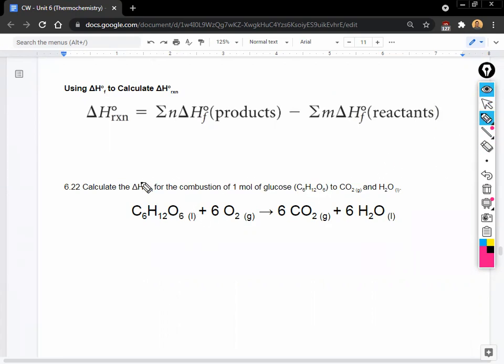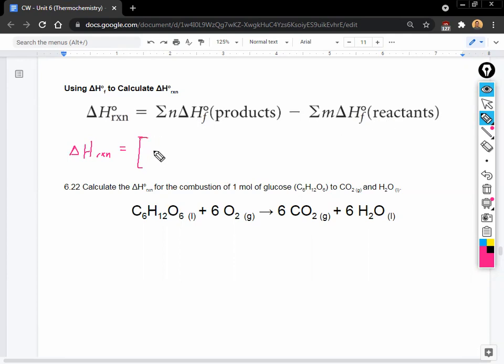Okay, so this question is asking us to find the delta H of the reaction for the combustion of 1 mole of glucose. This is glucose right here. You might have seen it in biology, to carbon dioxide and H2O. So if we want to find the delta H of the reaction, you're gonna want to add up the energies of the products, so whatever the energy of CO2 is, whatever the energy of H2O is, and then subtract the energy of the reactants.